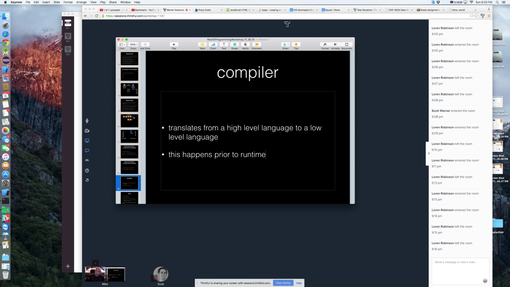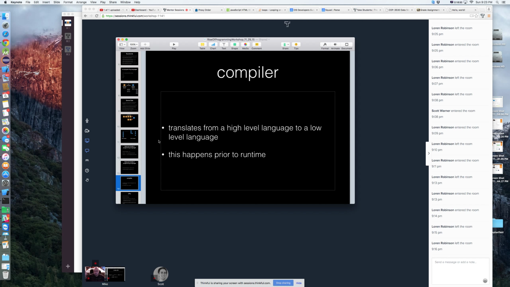Well, the compiled version of that is they're going to receive the speech an hour ahead of time, and their interpreter is going to convert the speech from English into German so that when the speech is going on live in English, the German news station can be delivering the same speech already converted to German with no delay. Okay, that's a compiled language because we did the translation ahead of the speech actually running.